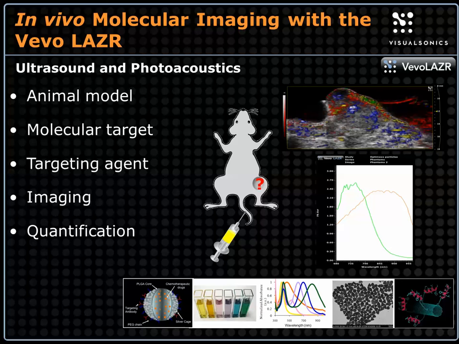I've talked about Optimios and nanohybrids who make their own nanoparticles, but there are many labs that are working on things like carbon nanotubes, liposomes, and other dyes, even fluorescent dyes and other things. The imaging itself, where we can get this very high resolution unmixed images at depth, and then we can quantify that signal to be able to show the accumulation and thus the molecular marker of interest, the expression of that molecular marker of interest.